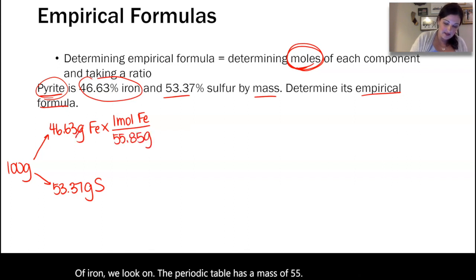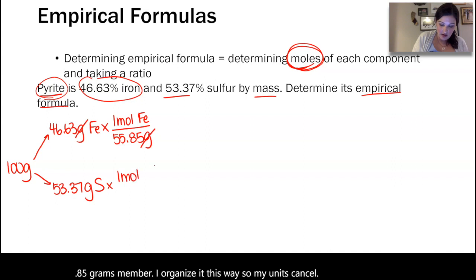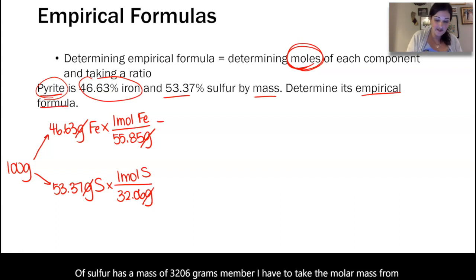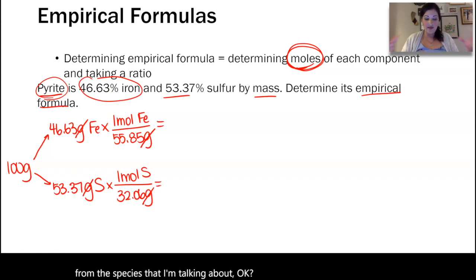Remember, I organize it this way so my units cancel. I know that 1 mole of sulfur has a mass of 32.06 grams. Remember, I have to take the molar mass from the species that I'm talking about, okay? I organize it so that my units cancel, and then I just multiply and divide.